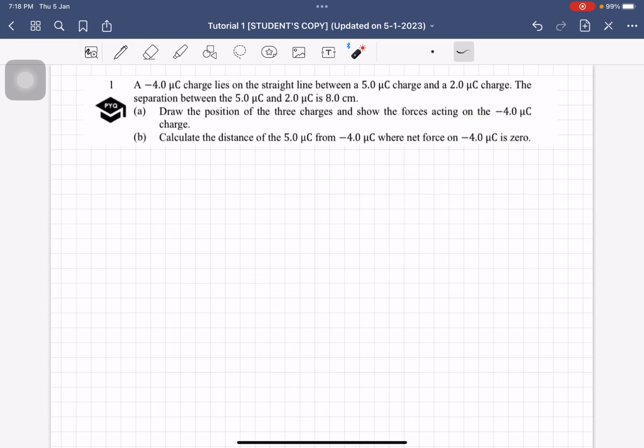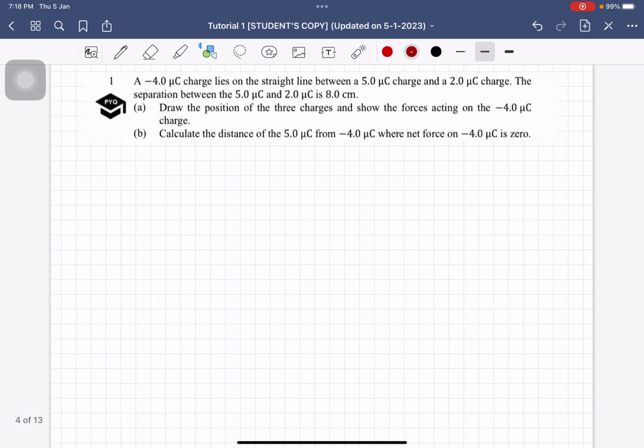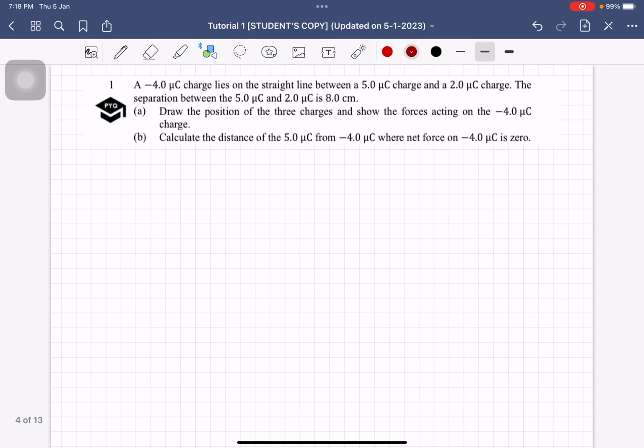First, I would suggest you start by visualizing this situation. What I'm trying to say is you have to try and draw the situation. First we have three charges: this is the 5, this is the negative 4, this is the 2 microcoulomb charge. I'm going to label them Q1, Q2, Q3.